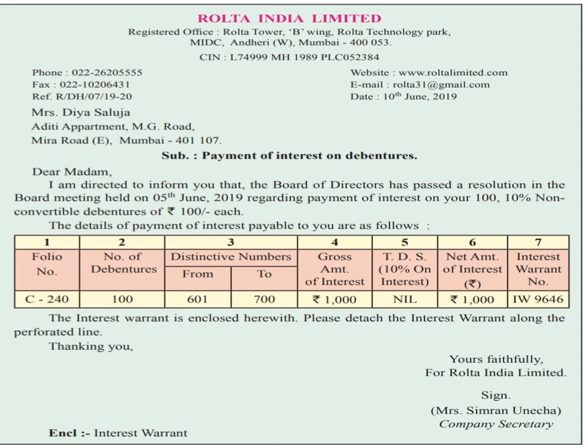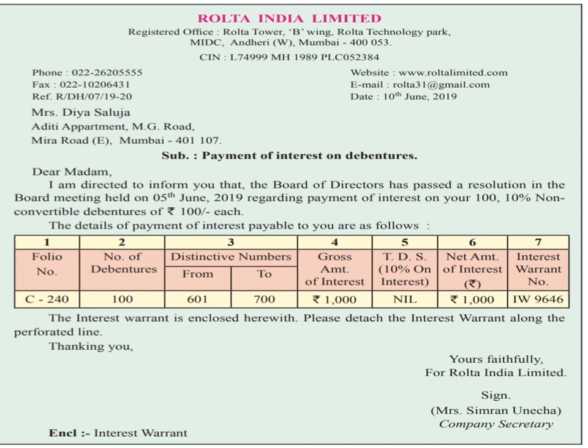In the last paragraph, the secretary is writing, the interest warrant is enclosed herewith. Please detach the interest warrant along the perforated line, thanking you. So here in the last paragraph, the secretary is writing, with this letter we have enclosed, means attached, we are sending you the interest warrant.